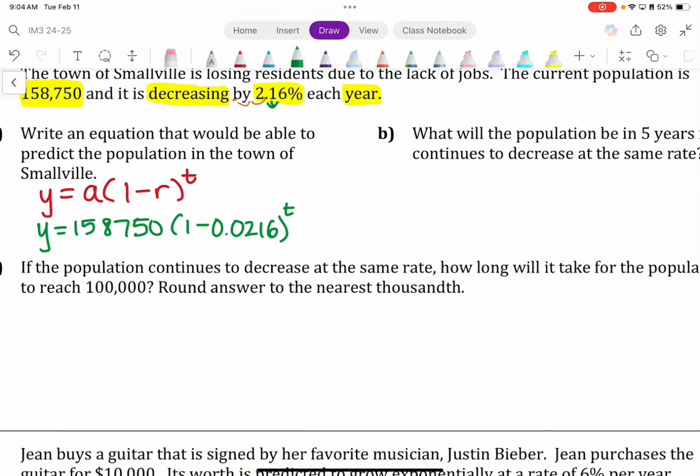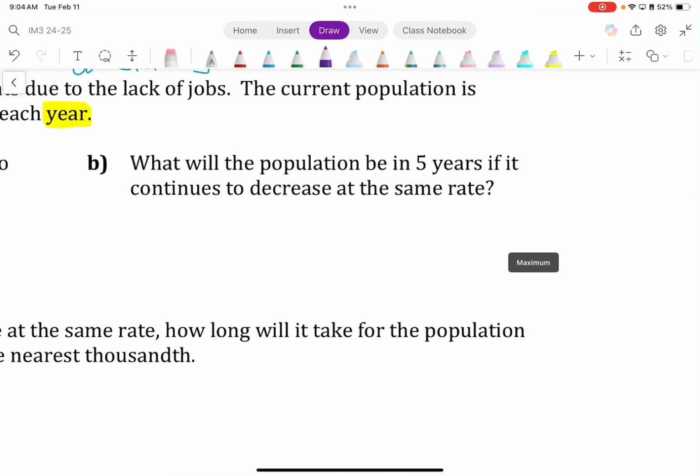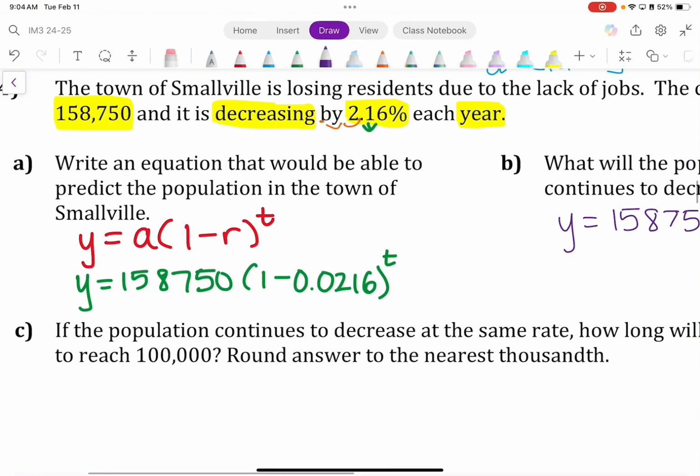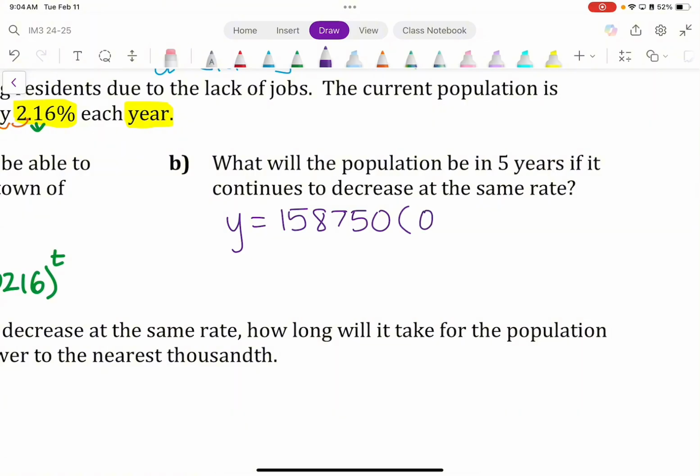We're going to use this equation to go ahead and solve part B. So let's jump into that section at this point. Y equals, we said it was 158,750. I am going to combine the stuff in the parentheses. 1 minus 0.0216 will become 0.9784.